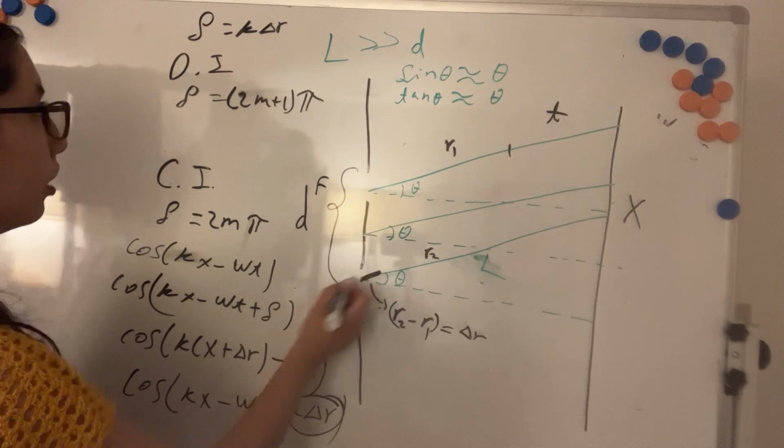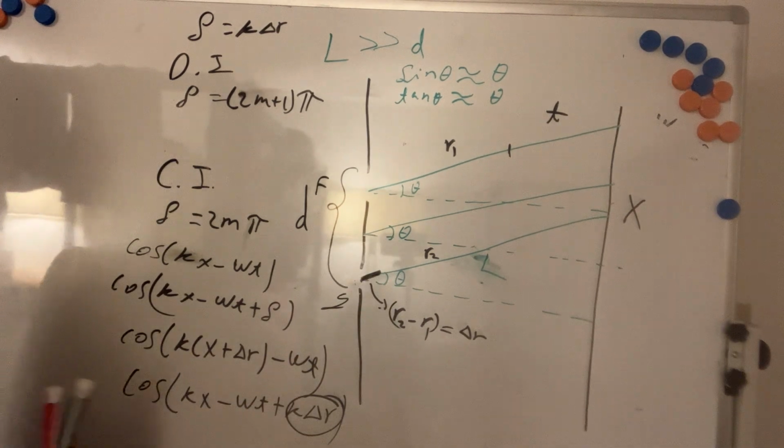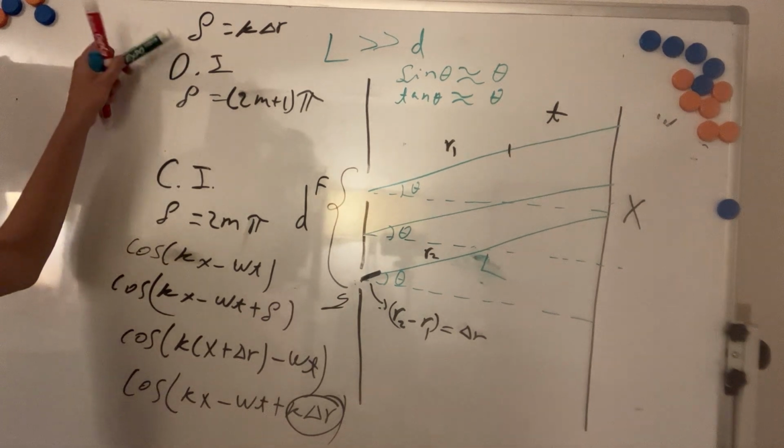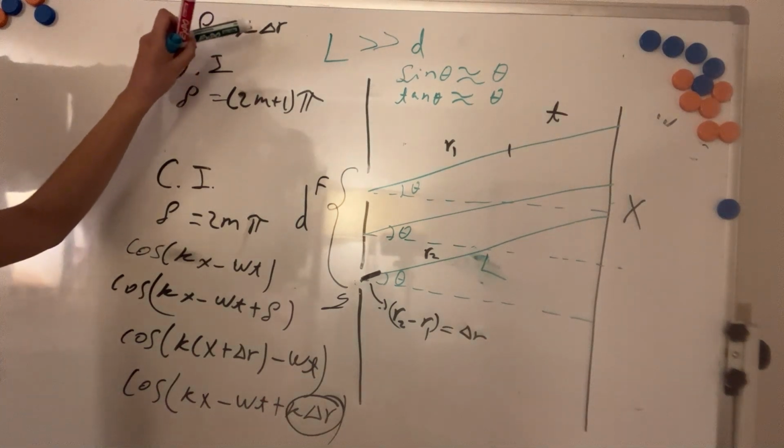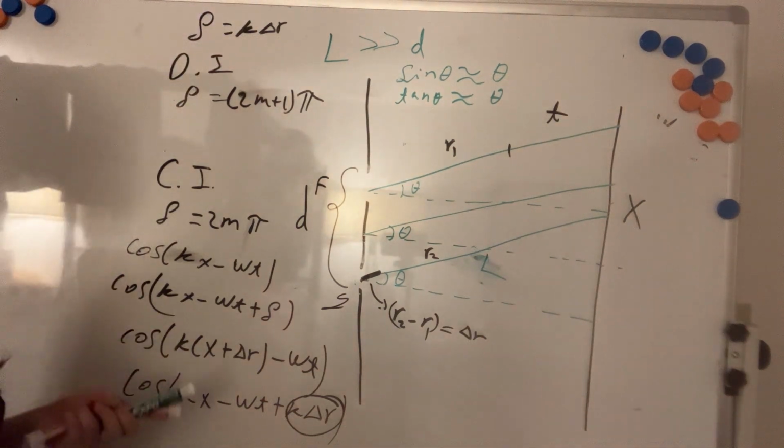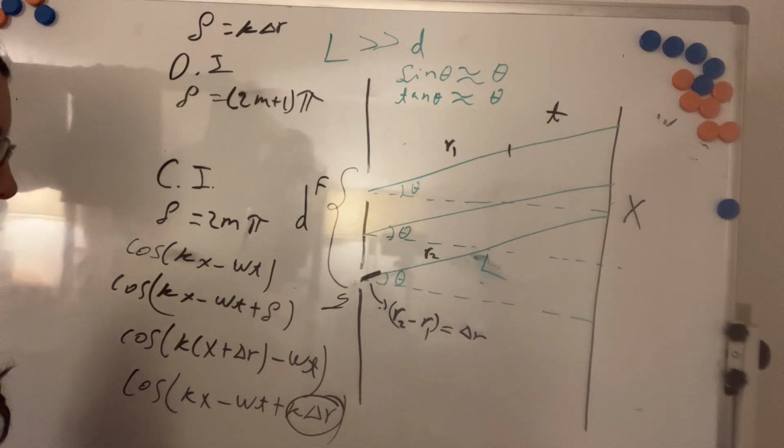Depending on exactly the phase, since we cannot change the k, we can only change the R, we can have constructive or destructive interference.